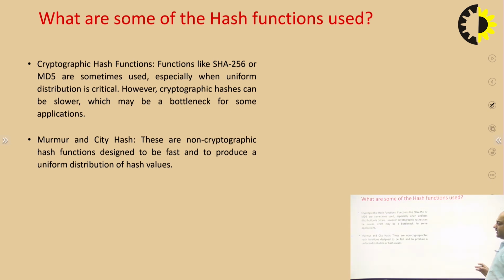Second is Murmur and CityHash, which are non-cryptographic hash functions. What is cryptography? Cryptography is basically an encryption process in which data is encrypted into some special text, and that text is decrypted on the basis of a key. So this process is known as cryptography. Murmur and CityHash are designed to be fast and produce a uniform distribution of hash values.